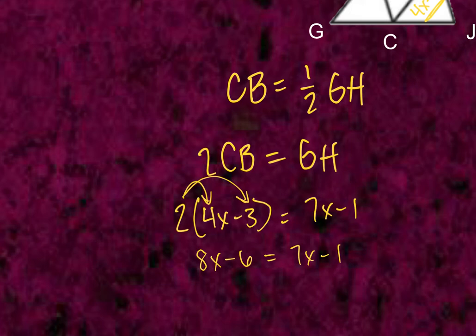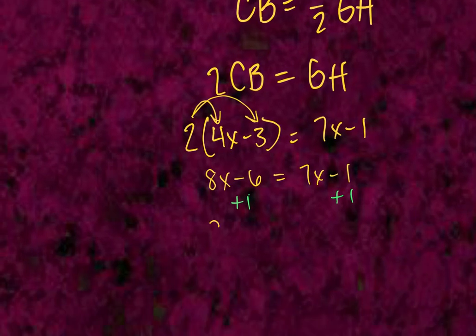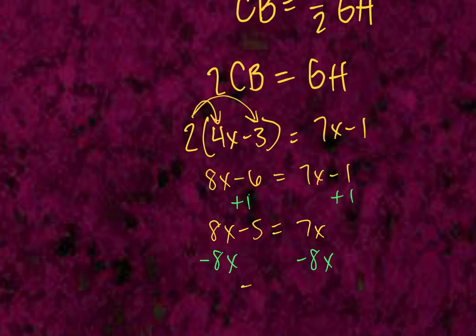And then what do I do from here? Emma, what'd you do? I added the 1 to the other side, so it's going to give you 8x minus 5 equals 7x. And then I subtracted the 7x, which will give you -5 equals -1x.